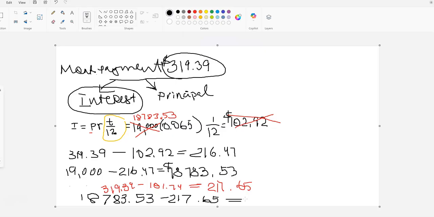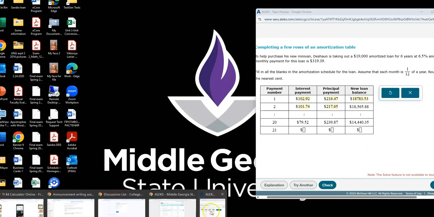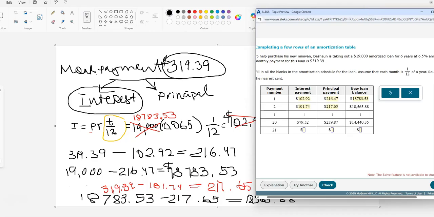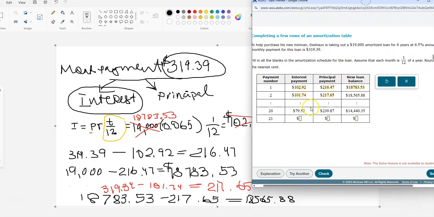Calculate this on your calculator. You need a calculator for this part, and you get 18565.88. Let's see what the example gives us. The example provides the same number, which confirms that our calculations are correct.